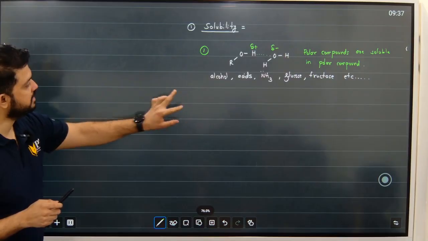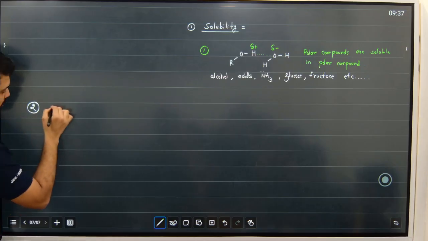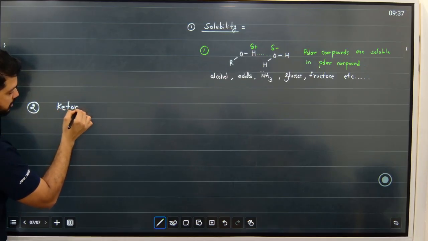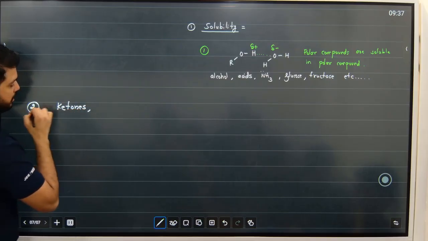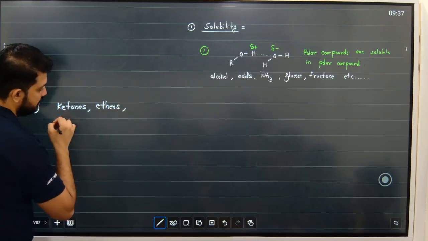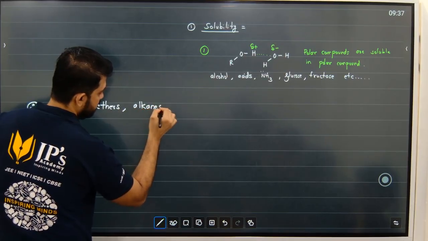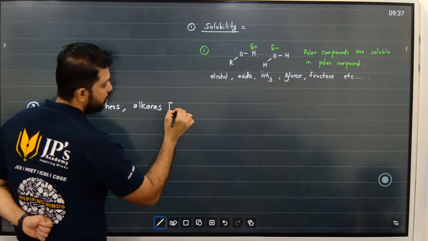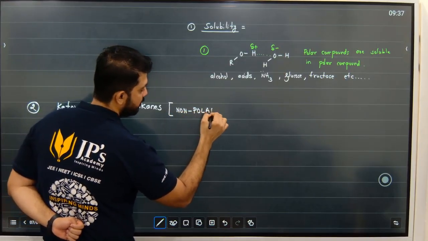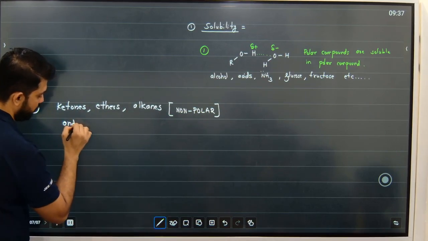Non-polar compounds such as ketones, ethers, alkanes. These are all non-polar and are insoluble in water.